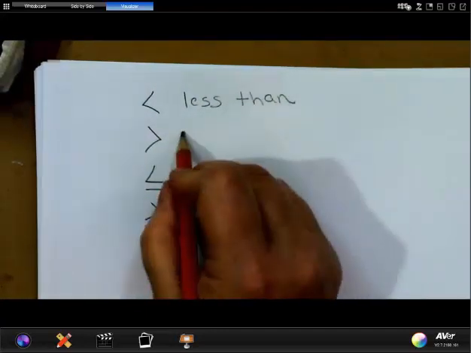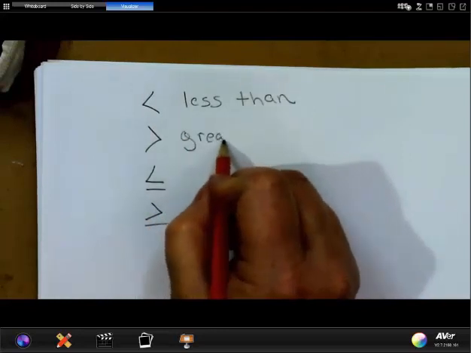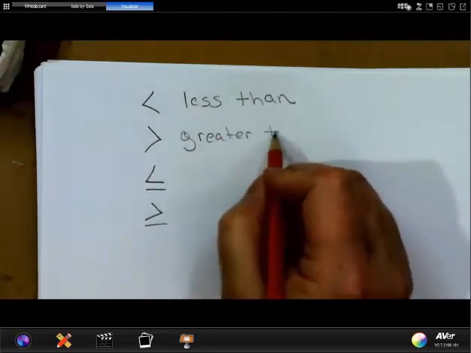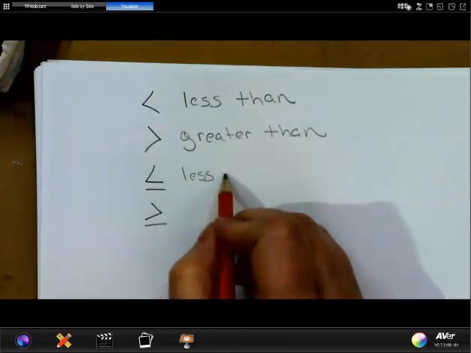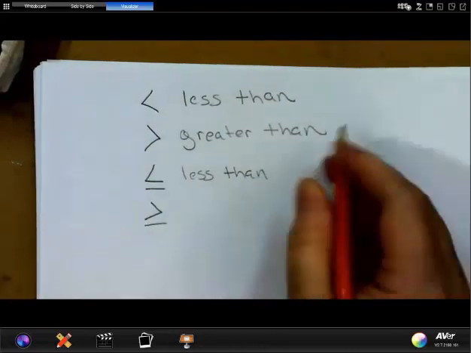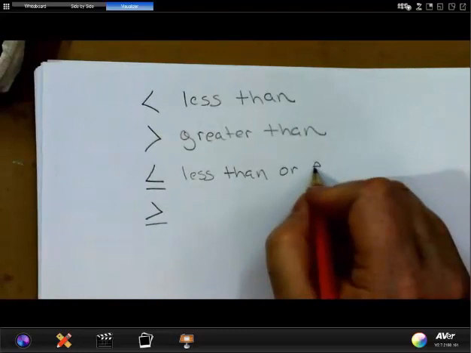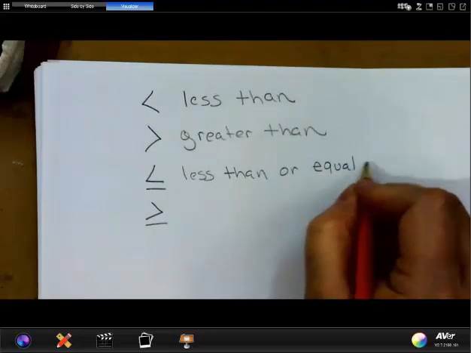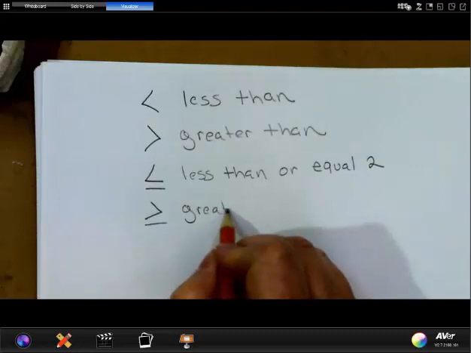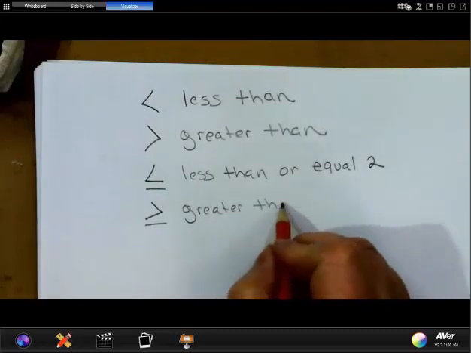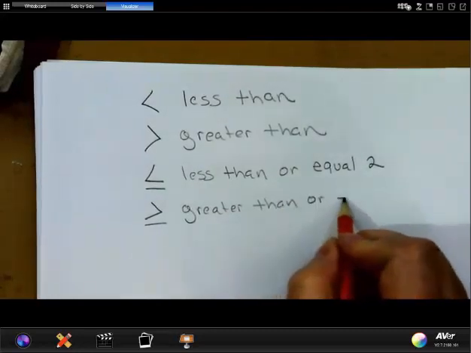This is greater than. This is less than or equal to. And then this is greater than or equal to.